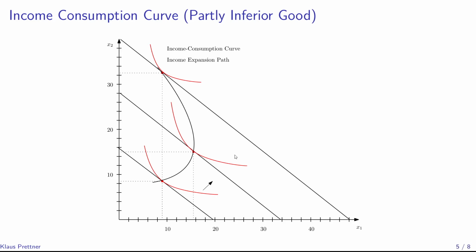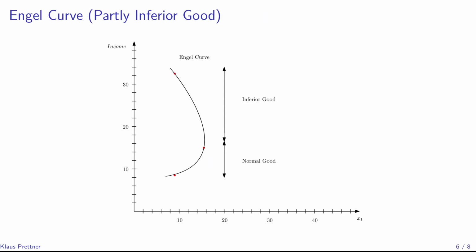Again, we can go from the income consumption curve to the Engel curve by changing the vertical axis. So we would have income instead of the second good here, and here we again have consumption of good 1. Now we see the Engel curve would also be increasing up to this point. In this range, the good is a normal good, right?